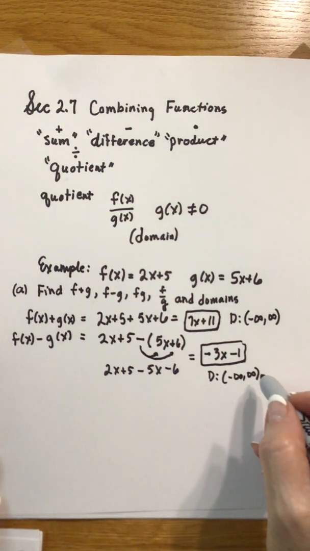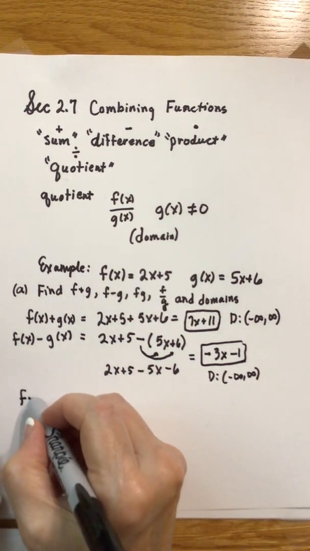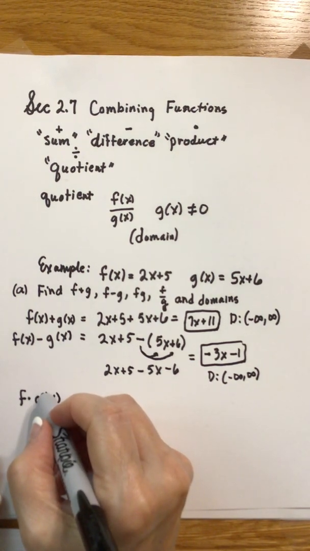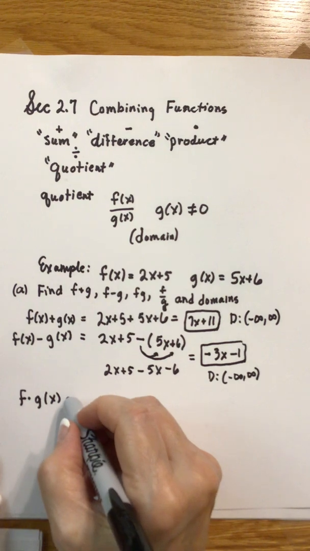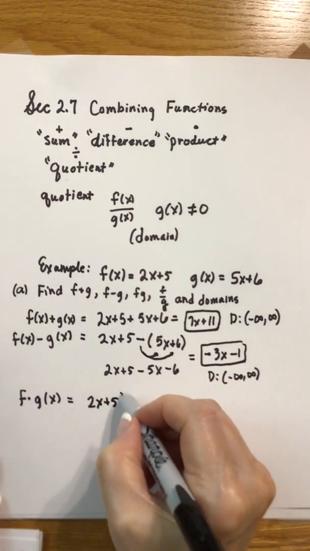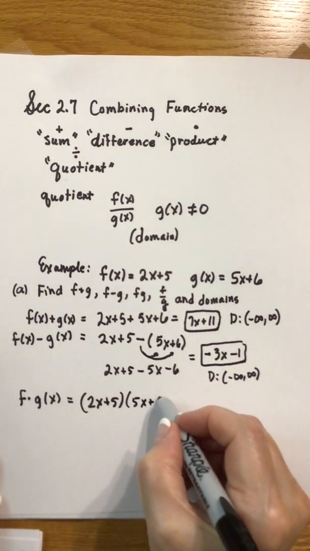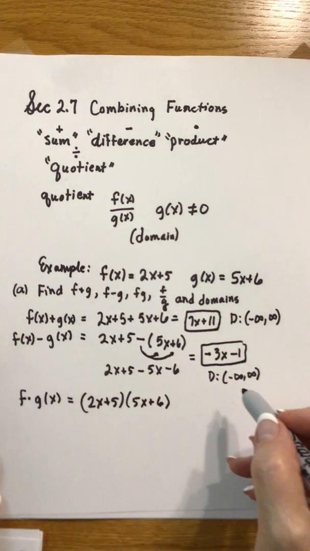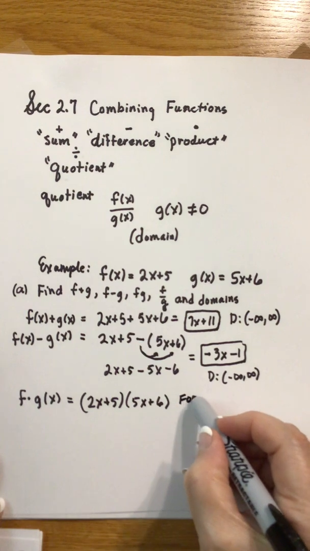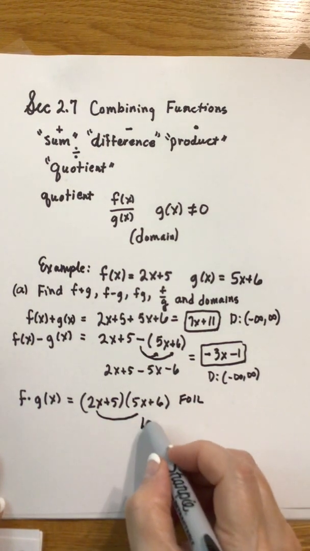So the next one it asks us to find is f times g of x. So what are we going to do on this one? Well, again, f is 2x plus 5, and g is 5x plus 6. So now we've got two binomials multiplied by each other. So what do we do? FOIL. 2x times 5x gives me 10x squared.